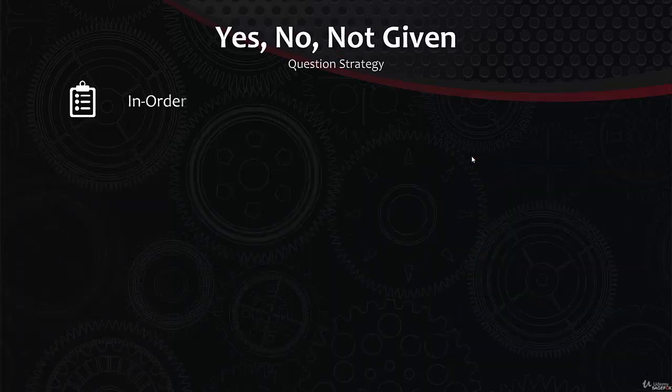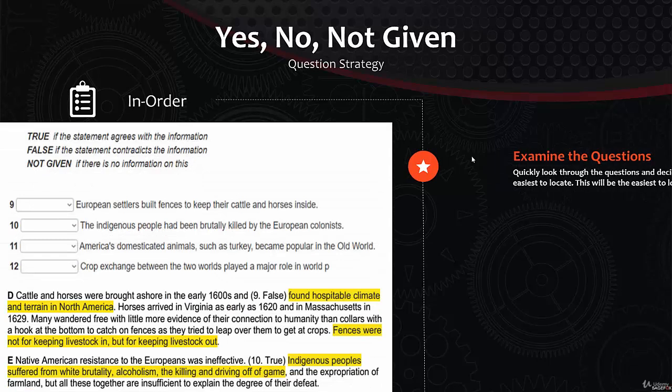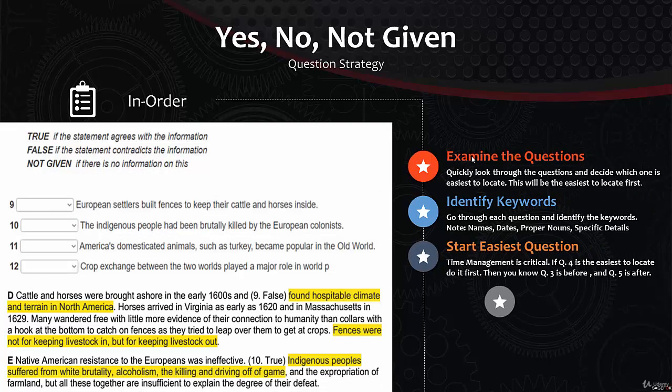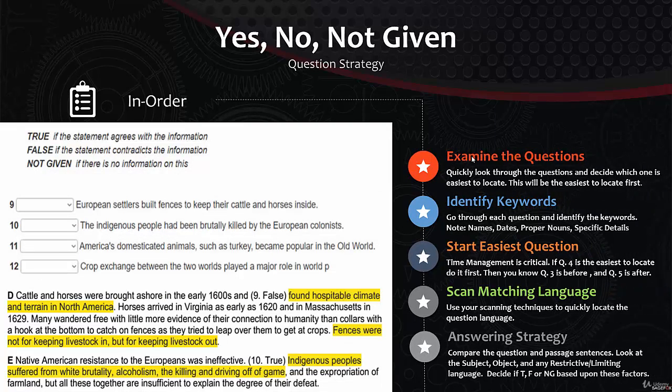Let's look at another example. In this one, it says European settlers built fences to keep their cattle and horses inside. The sentence says cattle and horses were brought ashore in the early 1600s and found hospitable climate and terrain in North America, right?